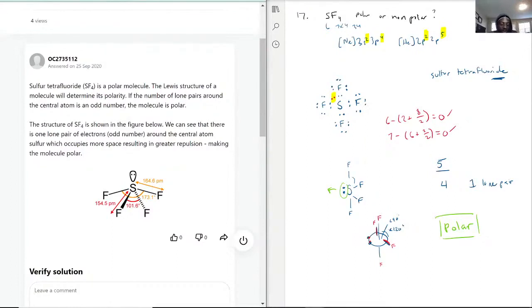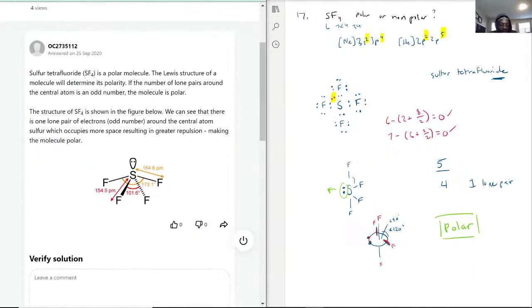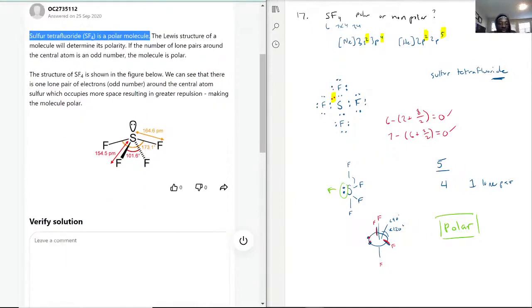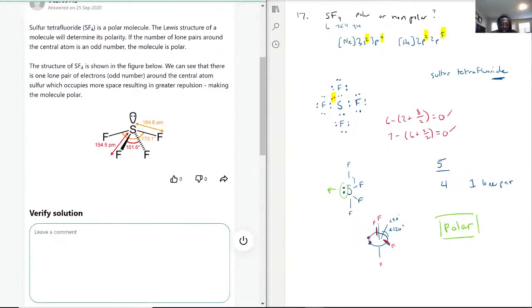If you were to split it in half, each part, going from F to the middle, is less than 90 degrees. And this one as well, showing that the other angle is 101.6, which is indeed also less than 120 degrees. So it does say sulfur tetrafluoride is a polar molecule. So this is correct.